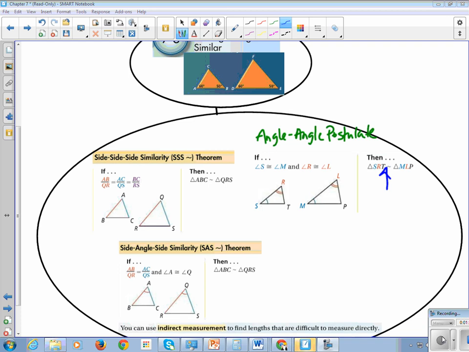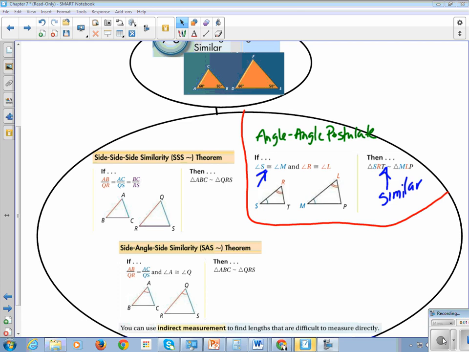When you're taking Spanish, it makes an N. That tilde sign means similar. So a nice little squiggly tilde, which is different than the congruent sign we've been using. So that's the angle-angle.